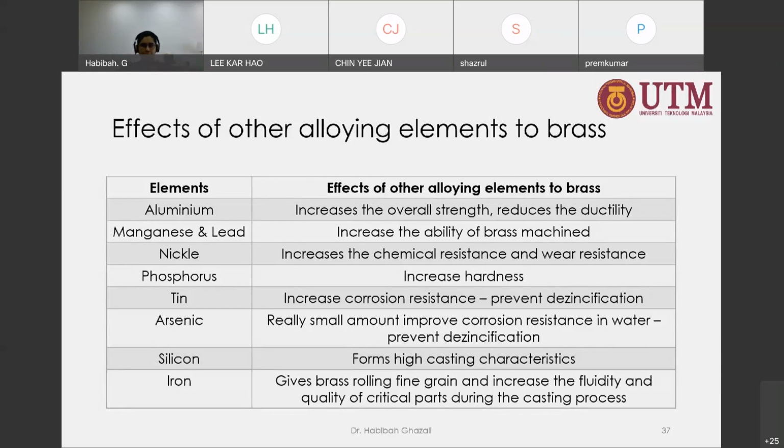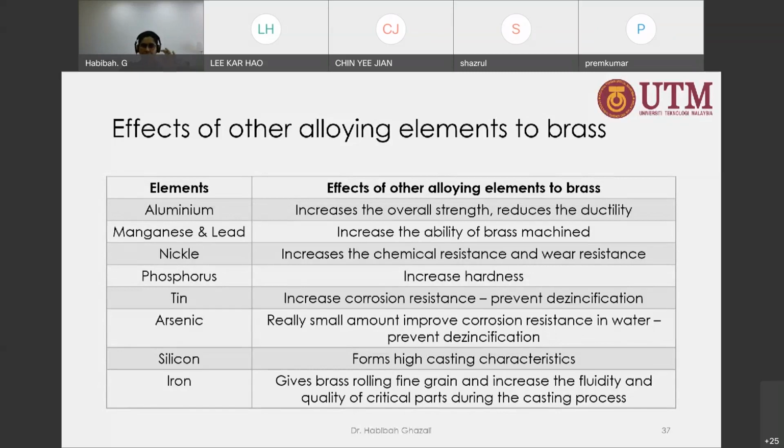So for example, if we add aluminum, it will increase the overall strength and also reduce the ductility of the copper-zinc brass alloy. You must imagine this is considered like the third alloying element. And also if we add nickel, for example, nickel has very good corrosion resistance, chemical resistance, and wear resistance as well.